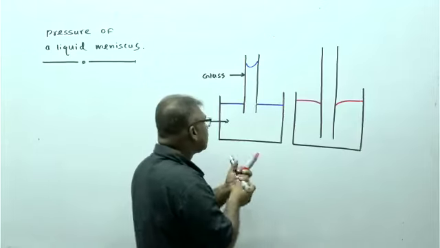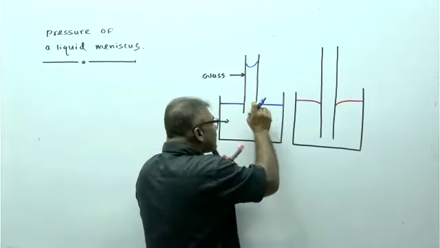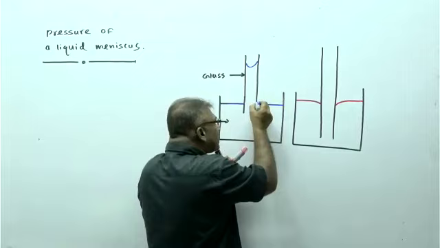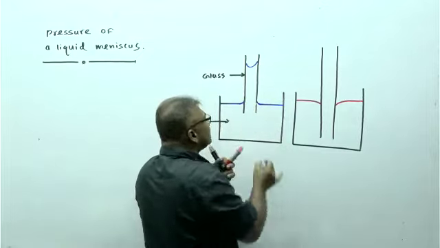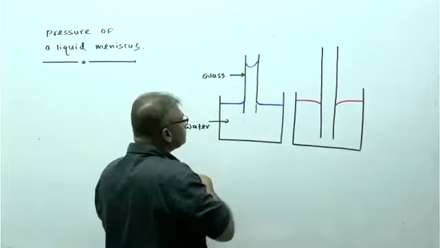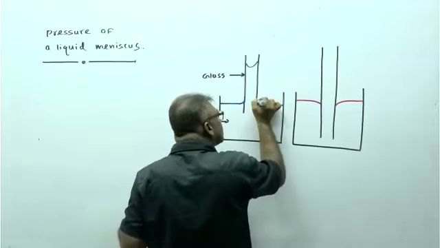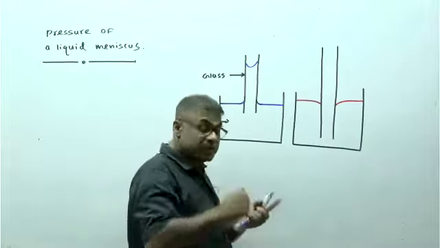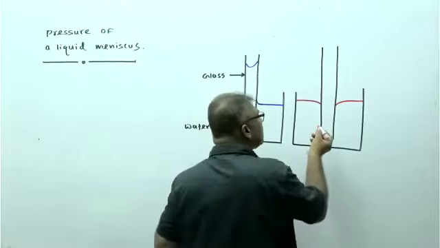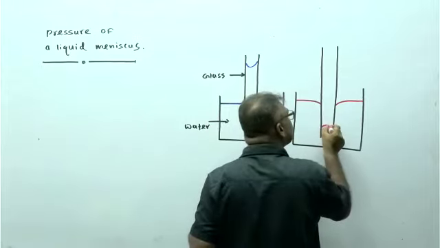It forms this kind of meniscus like this. Clear, right? Okay, then as for mercury, the mercury meniscus goes down like this.